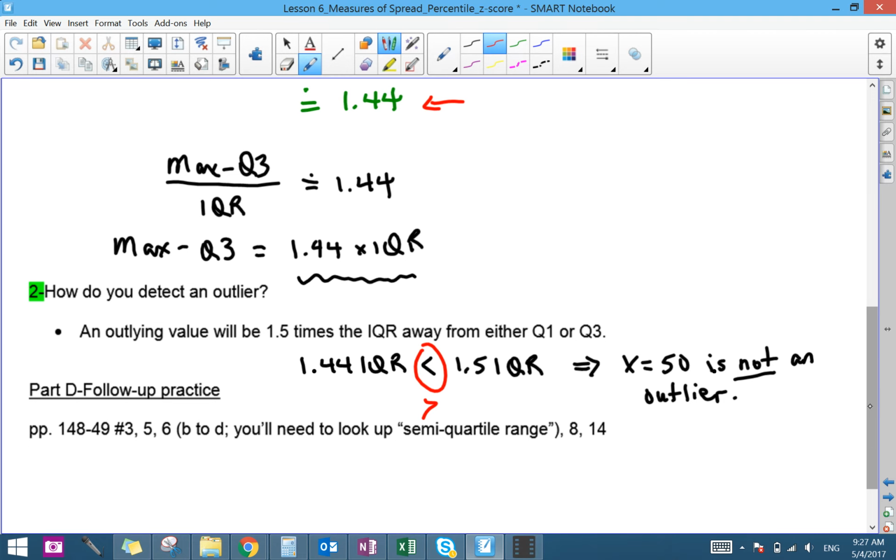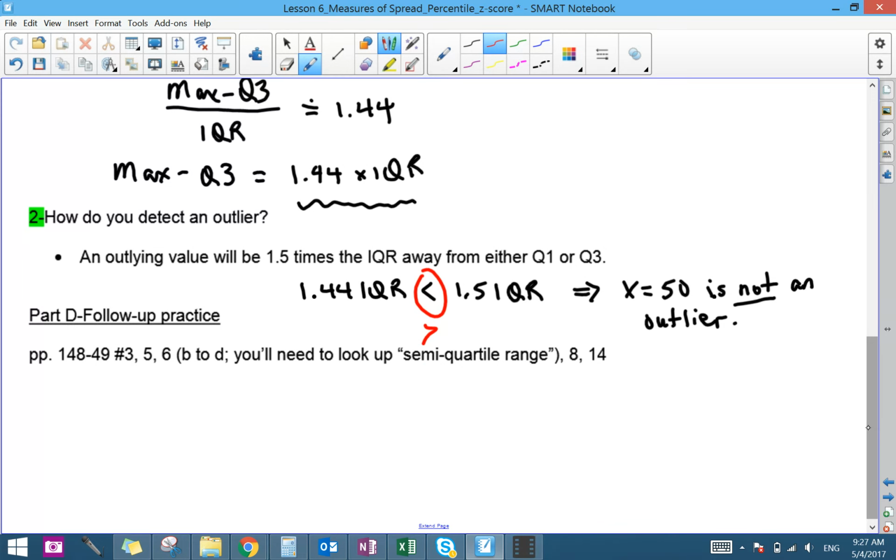Okay. Another way to do it numerically is to set up as such. So if we took Q3 and added 1.5 IQRs to it, Q3, according to Plotly or the graph, was 34.5.